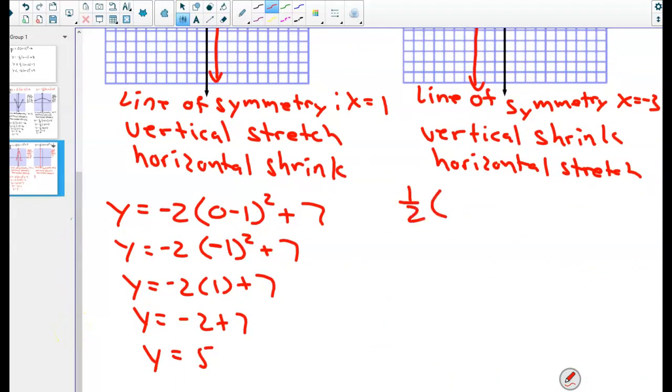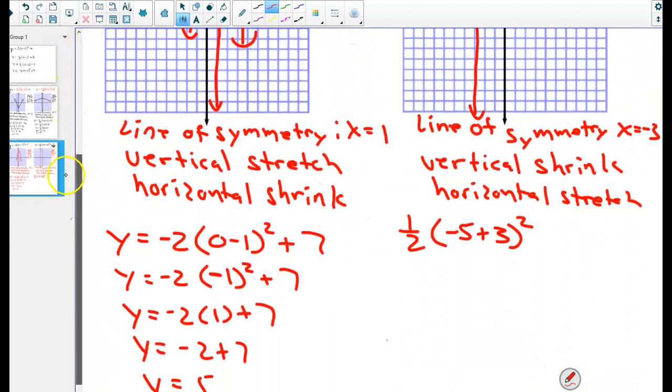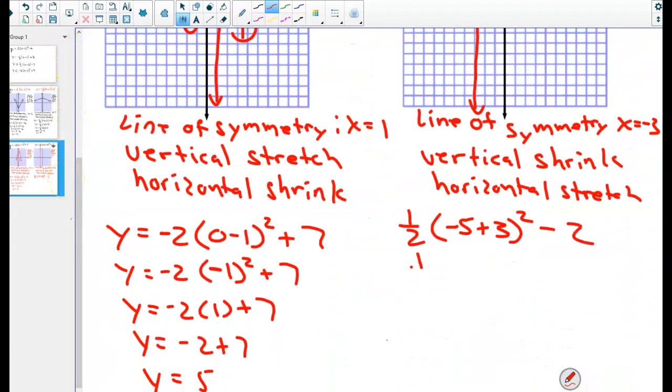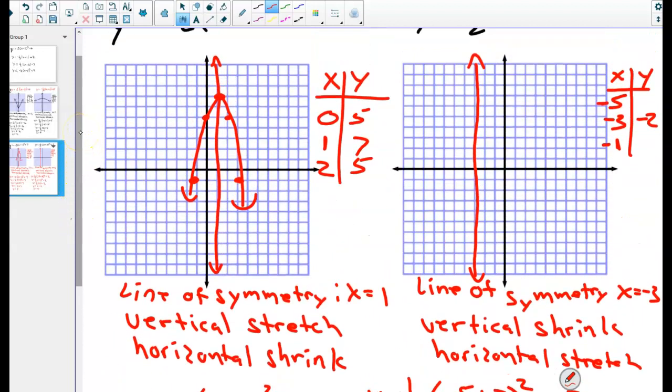So 1/2 times negative 5 plus 3 squared minus 2. 1/2 times negative 2 squared minus 2. Negative 2 squared is 4. Half of 4 is 2. And 2 minus 2 is 0. So this is 0 and this is 0.